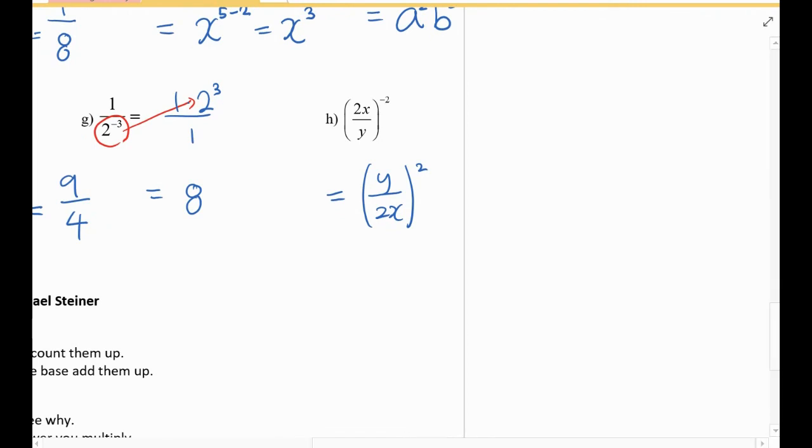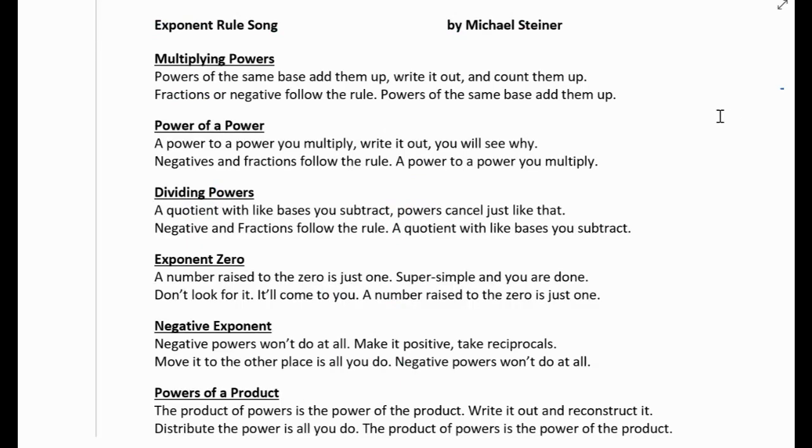You're not done. You have to count the items inside the bracket, and you're going to expand. You're going to distribute y squared, 2 squared, and x squared. And that is y squared over 4x squared.